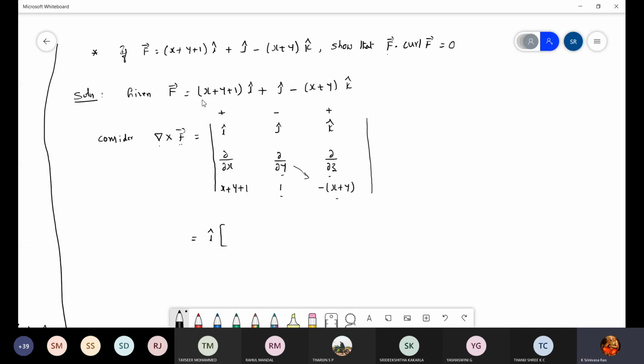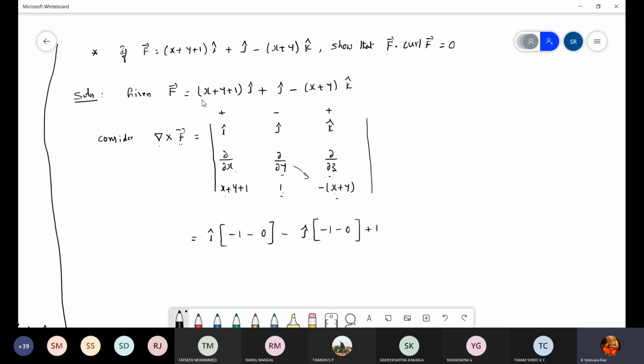Dou by dou y of minus of x plus y: x is 0, y differentiation is 1, with negative you get minus 1, minus dou by dou z of 1 is 0. This is i cap. Minus j cap into: the middle column you neglect, and in the first row dou by dou x of minus of x plus y is minus 1, and dou by dou z of x plus y plus 1 is 0, because there is no z, so it is constant and the differentiation is 0.